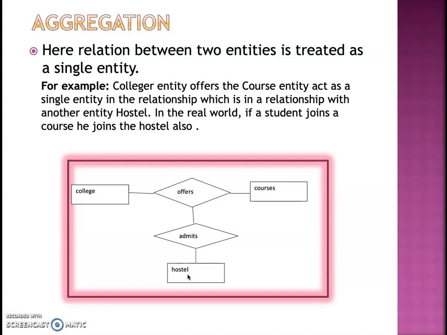Here we see that if a student joins a course, he joins the hostel too. So this can be treated as a single entity. So no need of differentiating it into two parts.